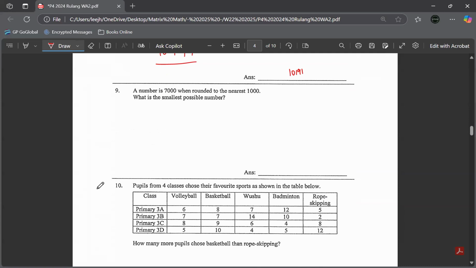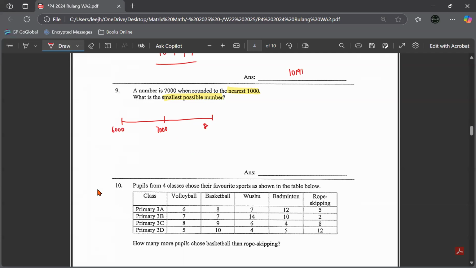Question number 9. A number is 7,000 when rounded to the nearest 1,000. I want to know what is the smallest possible number. So I do a number line. For rounding off, I always use a number line to gauge the smallest and greatest possible number. So rounded value, 7,000 in the middle. Nearest 1,000, so left side, 1,000 less, which is 6,000.